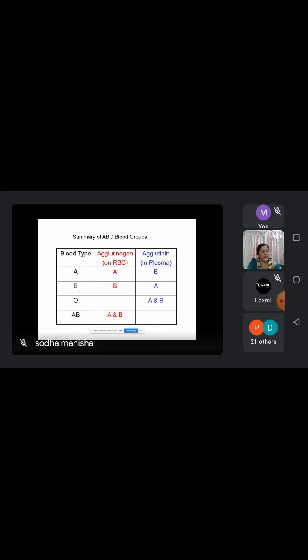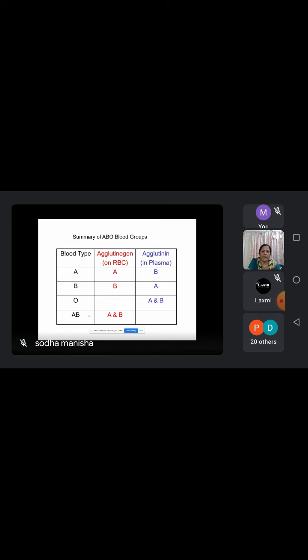A person with blood group B can receive blood from B and O. A person with blood group O can receive blood from O only, because in blood group O both types of agglutinin are present in blood plasma. So O can be universal donor, but can receive blood from O only.